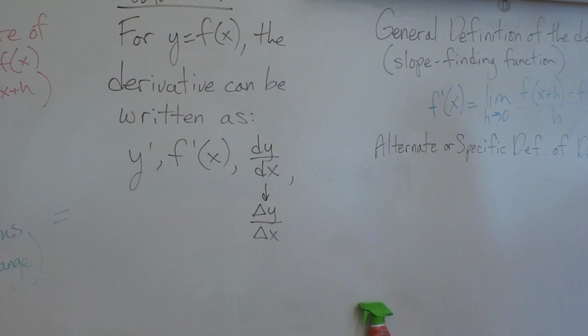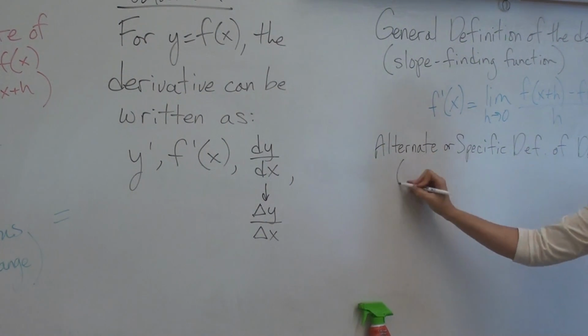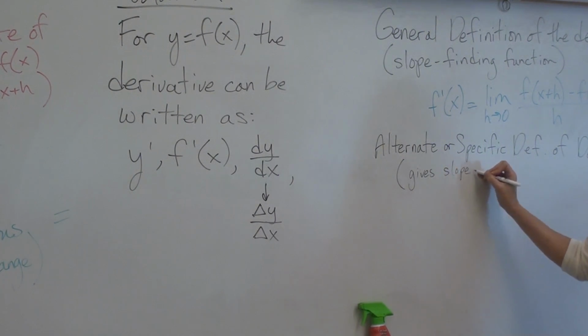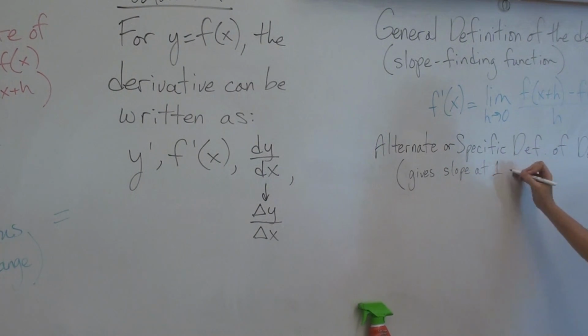The alternate definition of the derivative actually gives you a slope at one specific value of x. So when you use the general derivative, you get out a slope finding function. Your answer will usually have x's in it. When you use the alternate definition, your answer is going to be a number. It's just going to be the slope at whatever x value you're interested in.